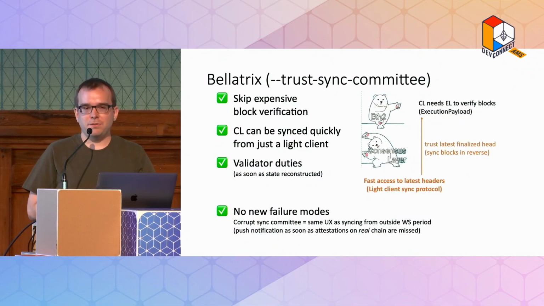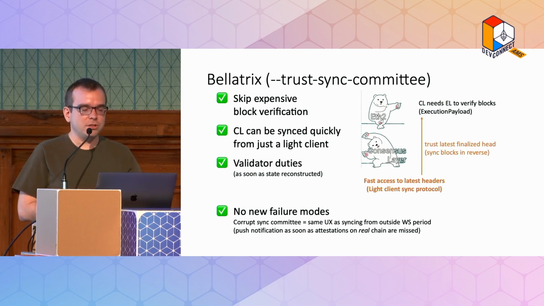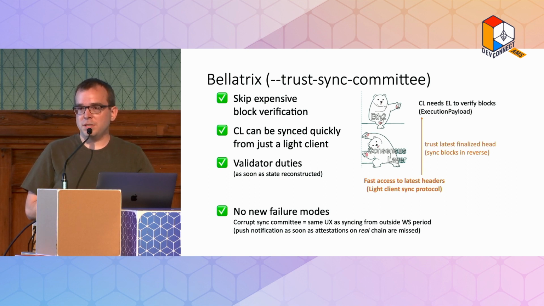If the sync committee somehow convinces you of an incorrect head, the worst thing that can happen is that you get a beacon chain notification on your phone saying that you are no longer attesting to the correct chain, a misattestation, and then you just do whatever you already do when this happens. You just resync without this feature. The same can happen if you start from outside the weak subjectivity period, which is only about 2 weeks.